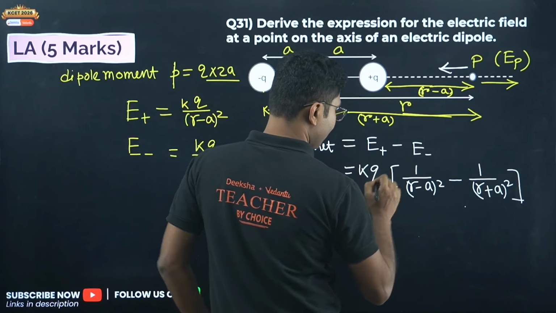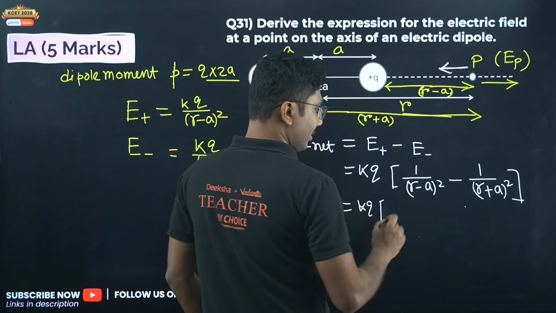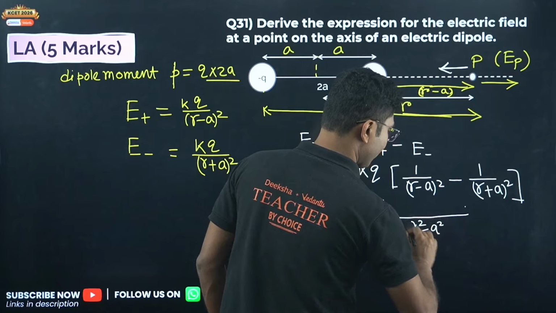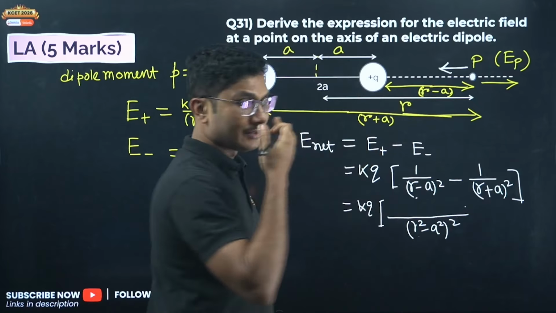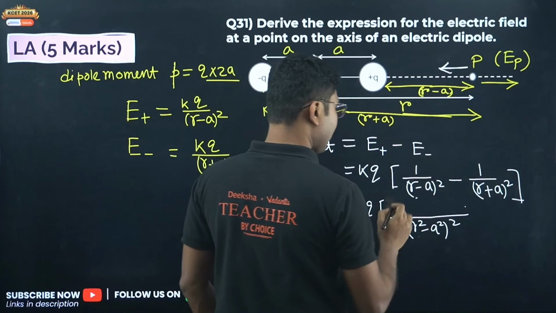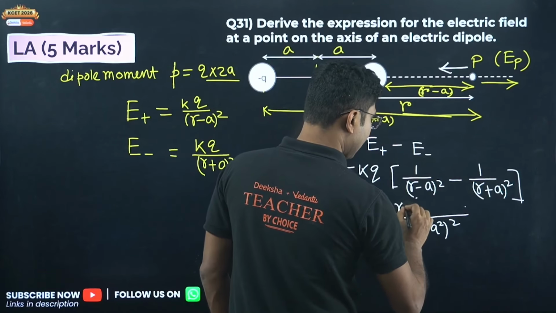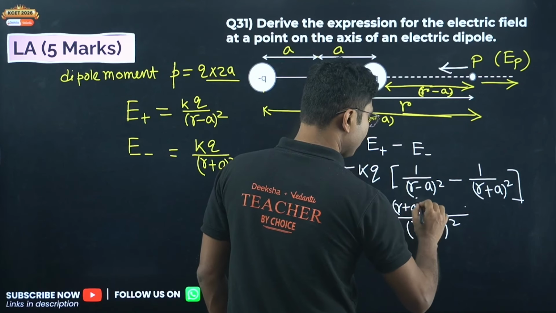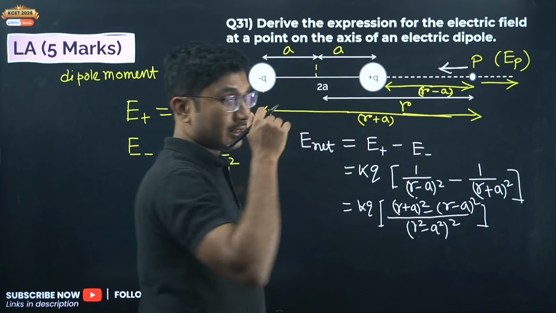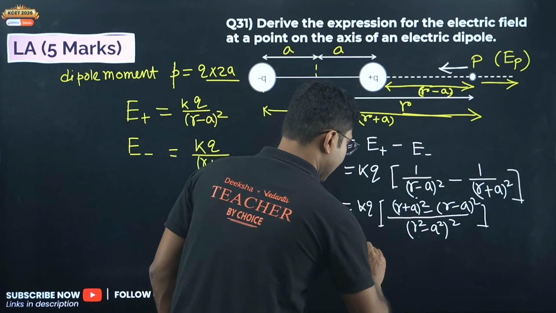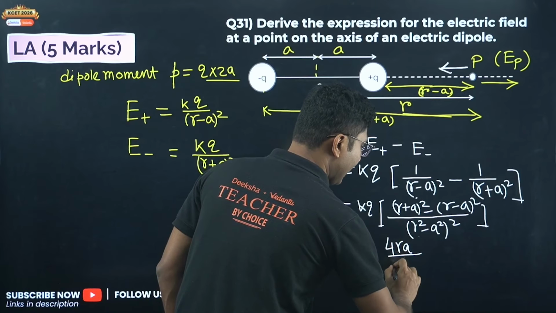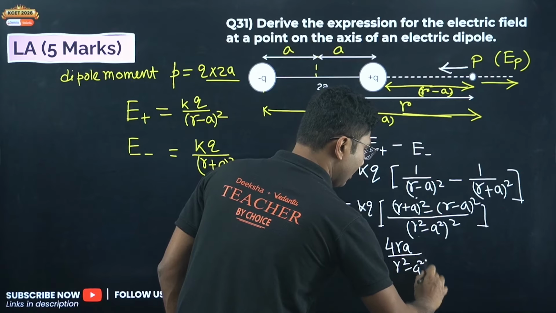So KQ, it will be R square minus A square whole square. If you multiply these two terms, you get A plus B, A minus B, that is A square minus B square, but there is a square common, so that is squared, and in the top you will get R plus A whole square minus R minus A whole square, which is nothing but 4AB. So you will get KQ into 4RA divided by R square minus A square whole square.